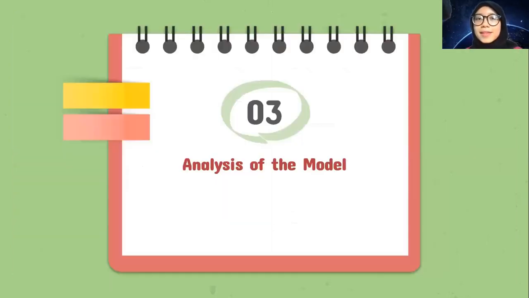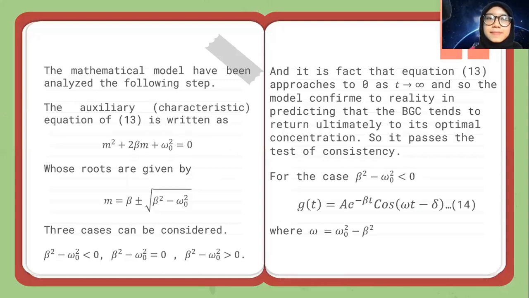Next, the analysis of the model. The mathematical model has been analyzed in the following steps. The auxiliary characteristic equation of 13 is written as m squared plus 2 beta m plus omega 0 square equals 0. Its roots are given by m equals minus beta plus or minus the root of beta square minus omega 0 square.